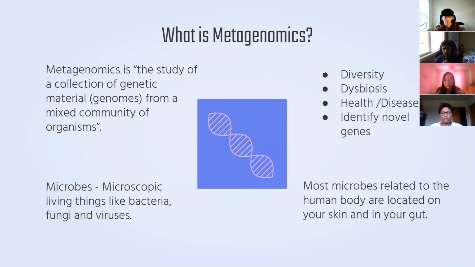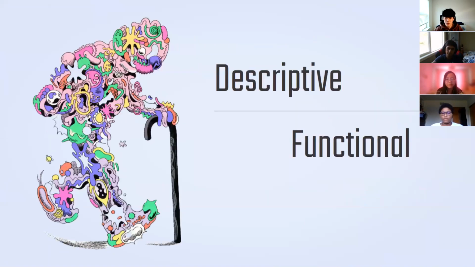So now Eric will discuss the two different types of metagenomic study of the gut microbe. Yeah, so there are two main types of metagenomic approaches when we're studying the human gut microbiome. They are the descriptive metagenomic and functional metagenomic approaches. Descriptive metagenomics can be used to reveal the dynamics in population and community structure of the microbiome in our gut, under different environmental conditions, and so on.